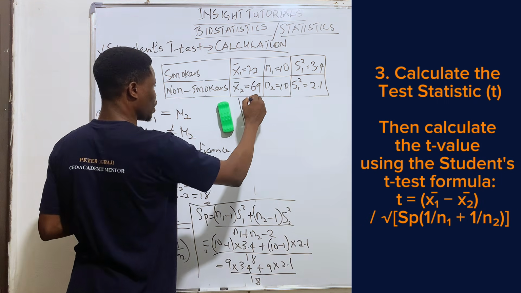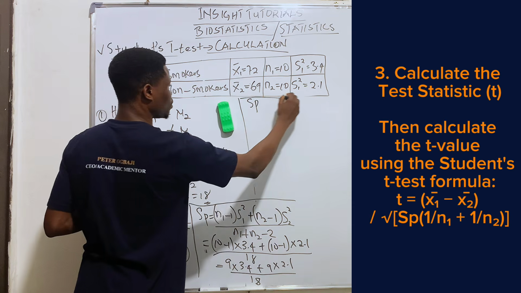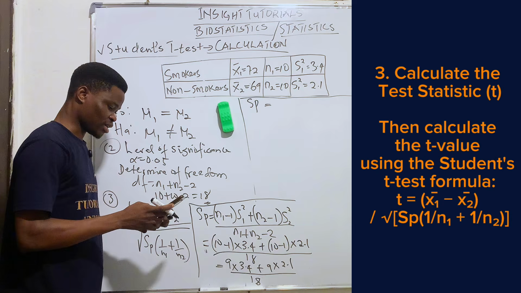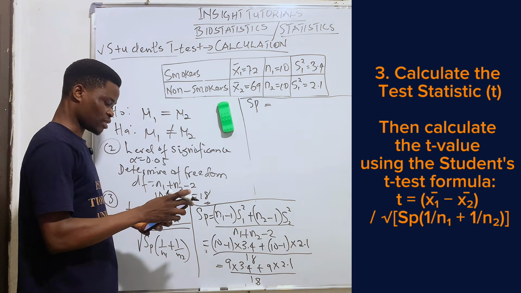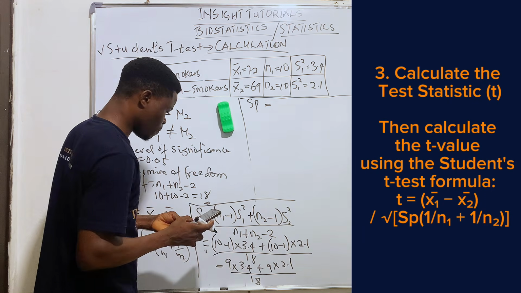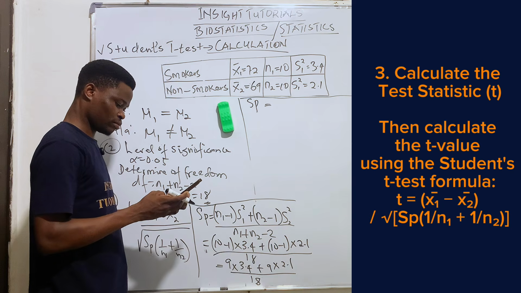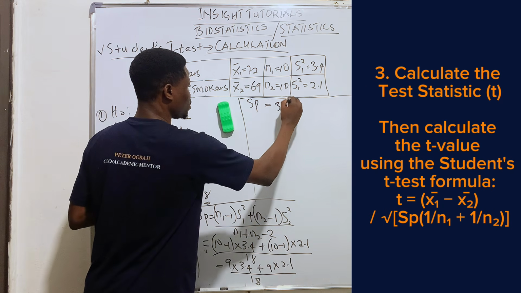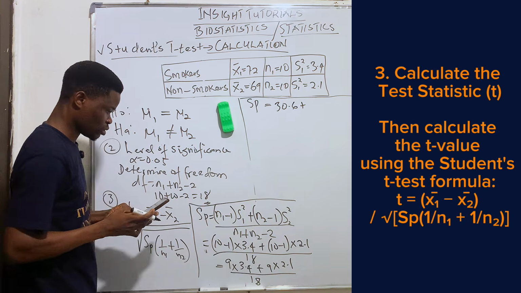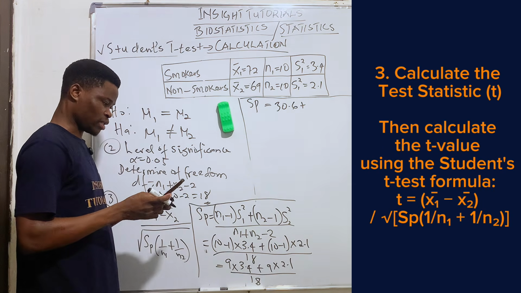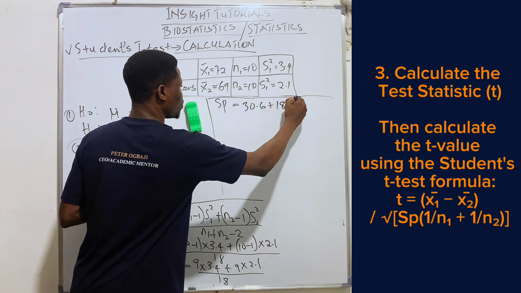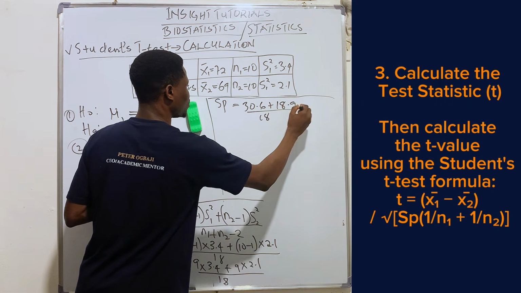Now, in continuation, our pooled variance will be equal to, so I'm going to do this on my calculator, and then we're going to get the answer. So this is going to be 9 times 3.4, which is 30.6, plus 9 times 2.1, which is 18.9, all over 18.